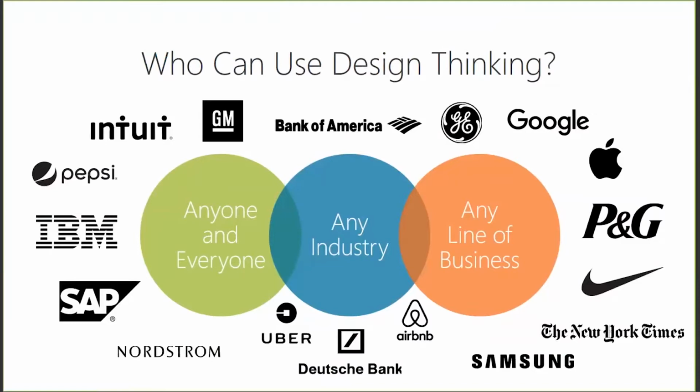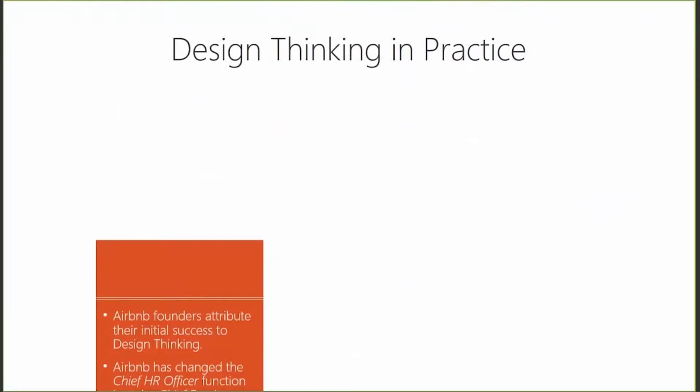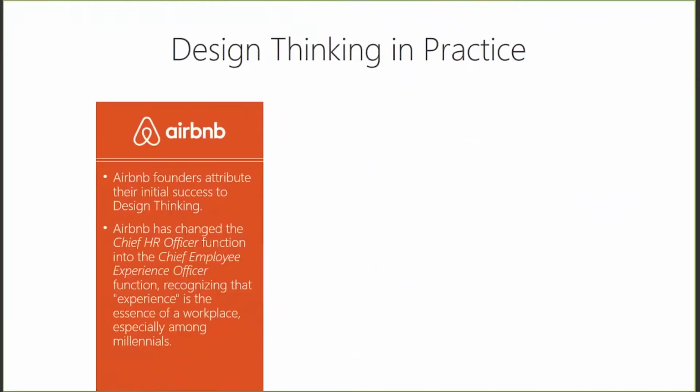They're using design thinking for their product launches and product redesigns. The same with Nike. General Motors, it's part of their culture. GE, Google, Uber, if you're familiar with Uber Eats, that was a product that came out of design thinking. And Airbnb. In fact, with Airbnb, their founders attribute their initial success to design thinking.